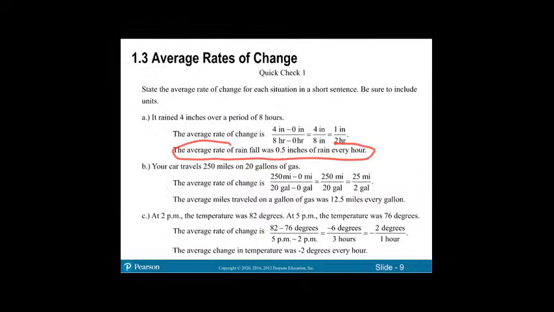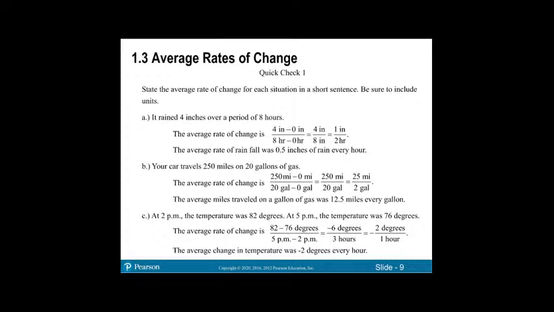Okay. Car travels 250 miles on 20 gallons of gas. So miles per gallon. 250 divided by 20, that would be 12.5 miles per gallon. So the average distance traveled on a gallon of gas was 12.5 miles every gallon.